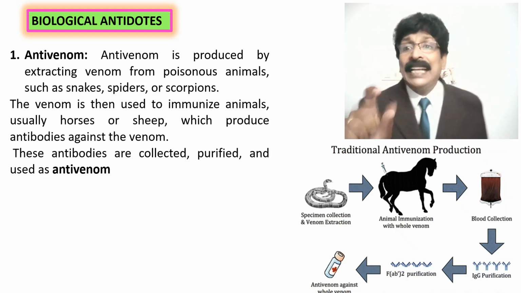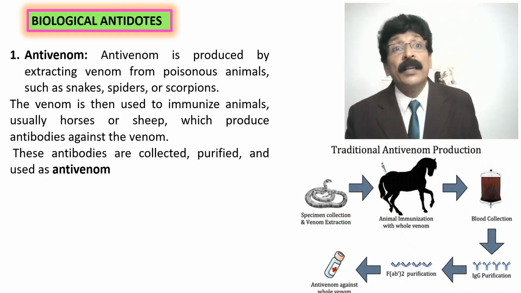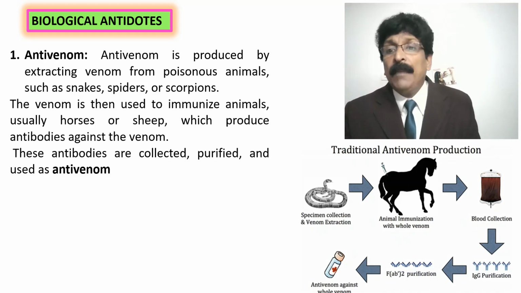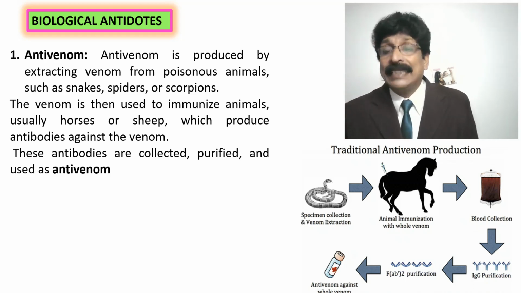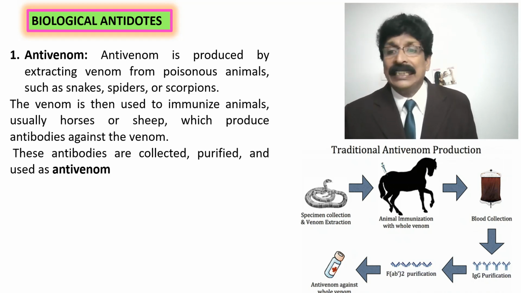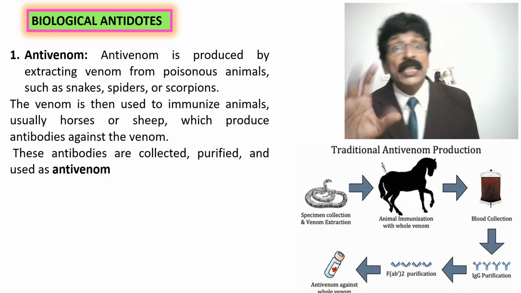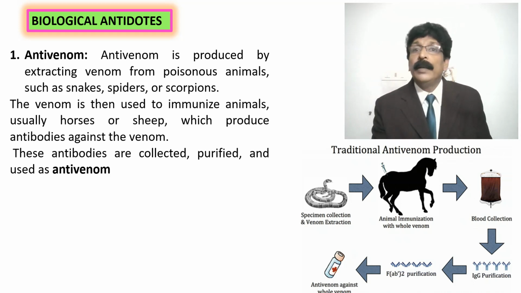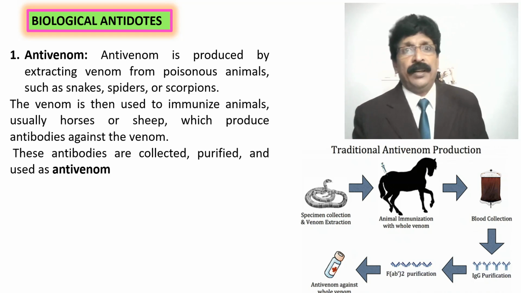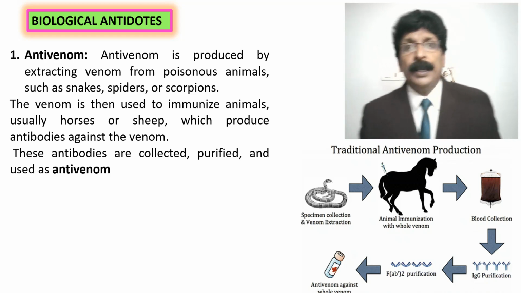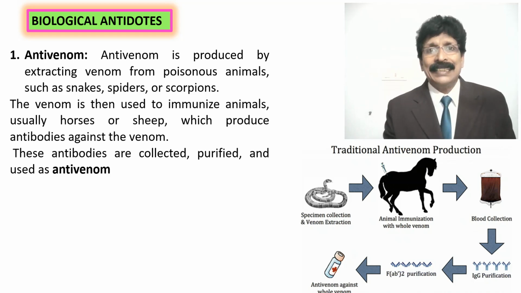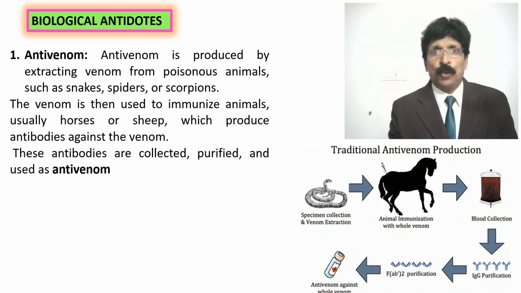In the traditional antivenom procedure, the whole venom is injected into the animal and then the blood is collected. Then the IgG antibody purification is done, and the purified antivenom against the whole venom can be used after proper analysis and quality control.